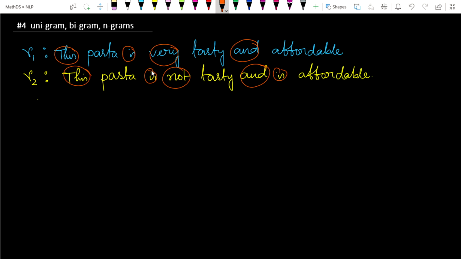But the problem is the meaning of these sentences. These two reviews are not the same, because "this pasta is very tasty and affordable" and "this pasta is not tasty and affordable" have two opposite meanings. So what is the resolution? What is the solution to the problem that we faced by simply removing the stop words?